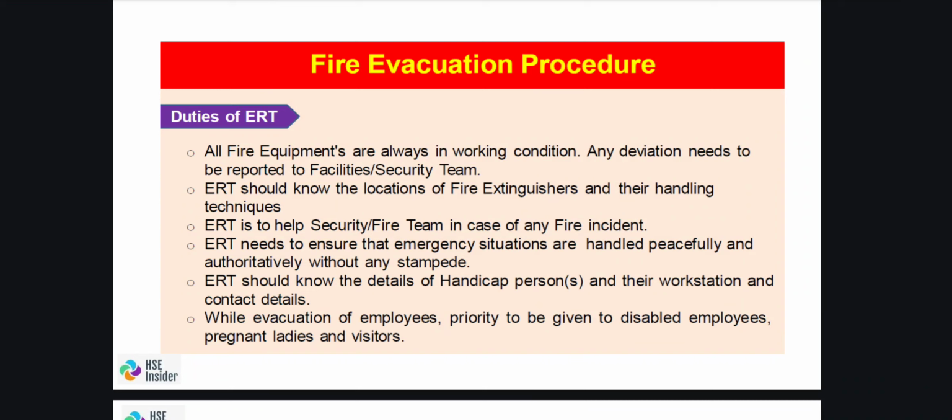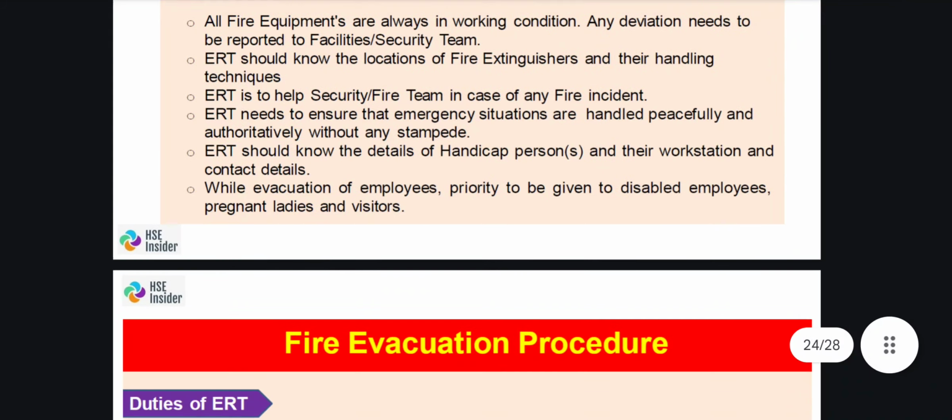So you should know the employee details as well as the workstation, in which building and which workstation they are allocated. While evacuating employees, priority is to be given to disabled employees, pregnant ladies and visitors, since visitors are not aware of the procedures and may need support.